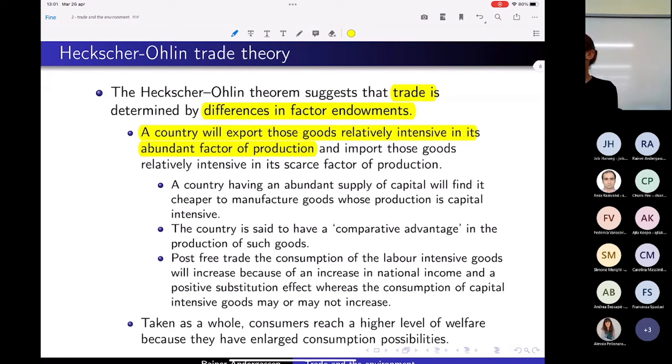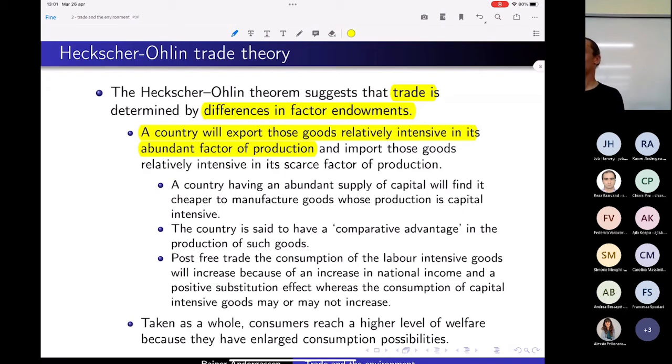What you would like to make now is a prediction about trade flows, so who exports what and who imports what. The prediction is the following. The US is going to export the good that uses capital in a relatively intensive way, the capital intensive good, and it's going to import the labor intensive good.